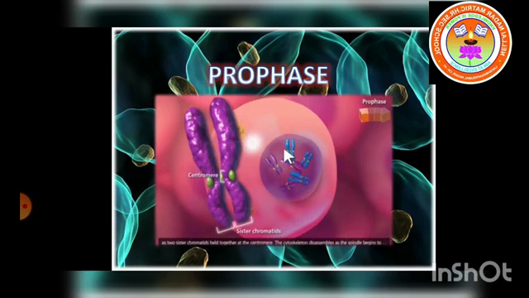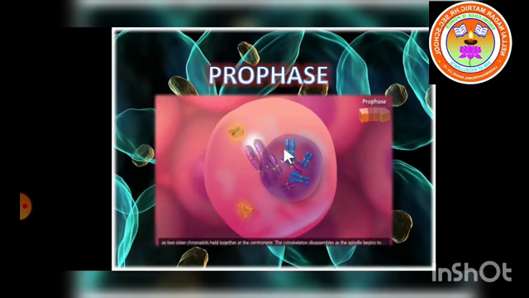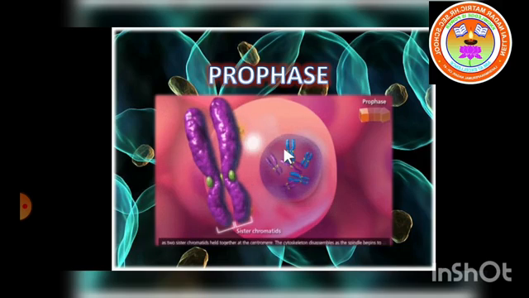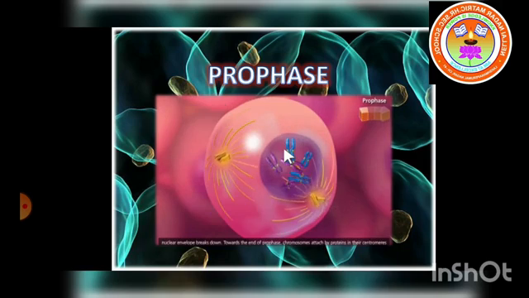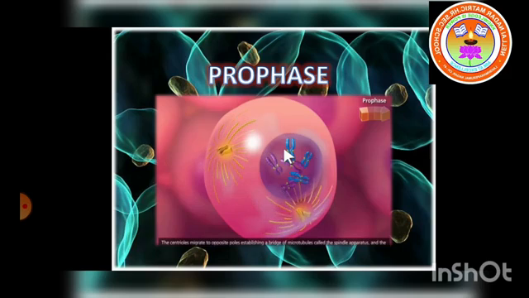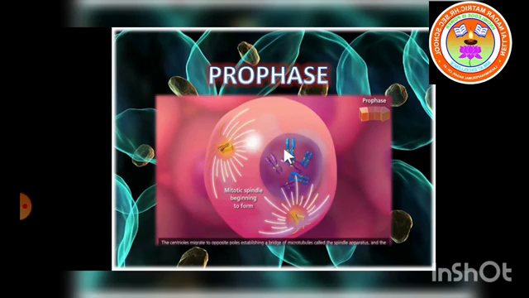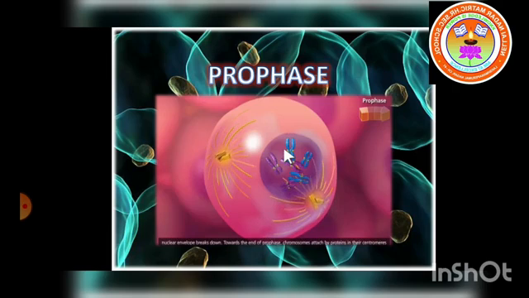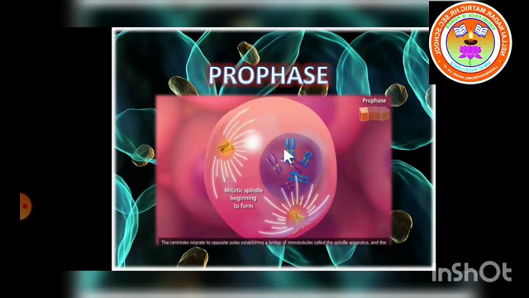I am repeating. At this stage, the chromosomes become short and thick, and they are clearly visible inside the nucleus. And you can see here the centrosomes split into centrioles and occupy opposite poles of the cell. Each centriole is surrounded by aster rays.